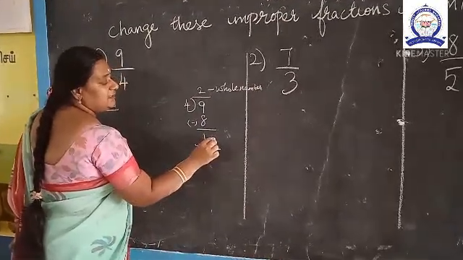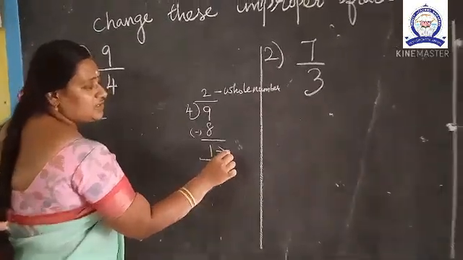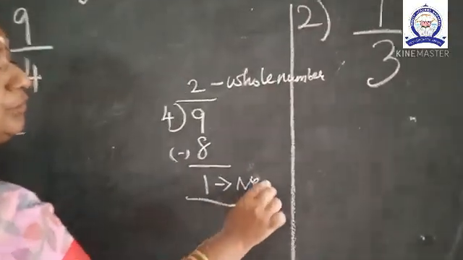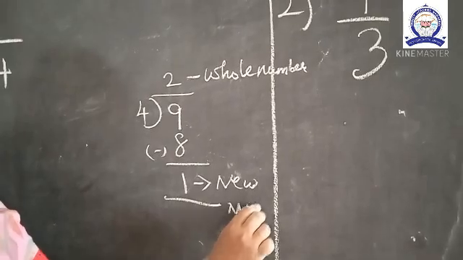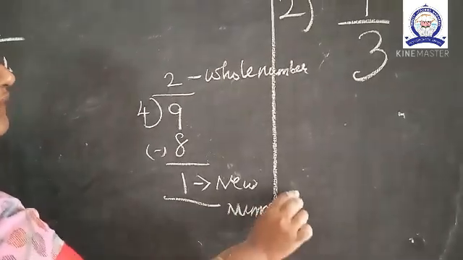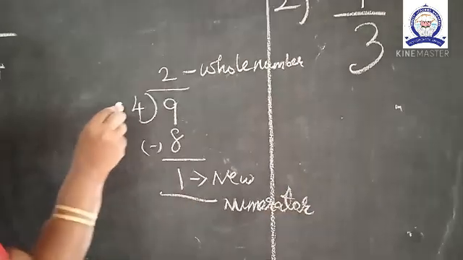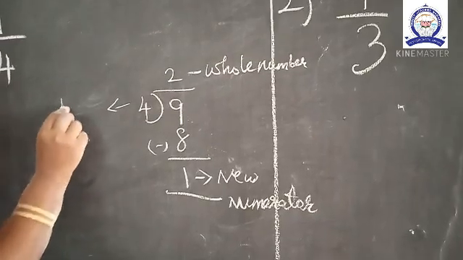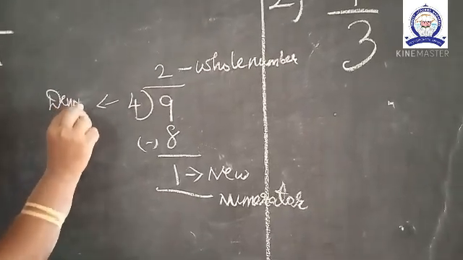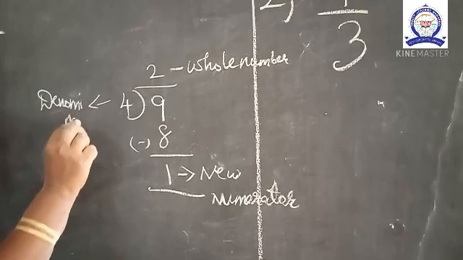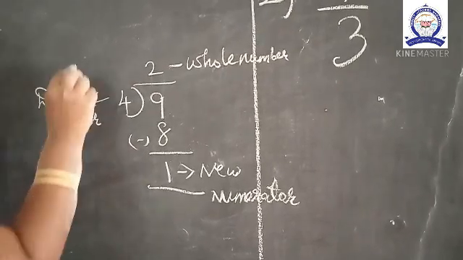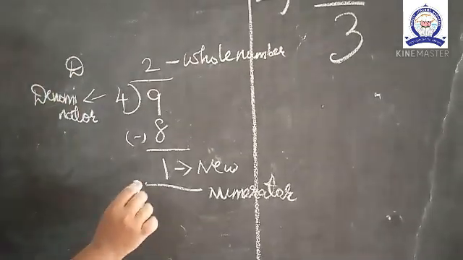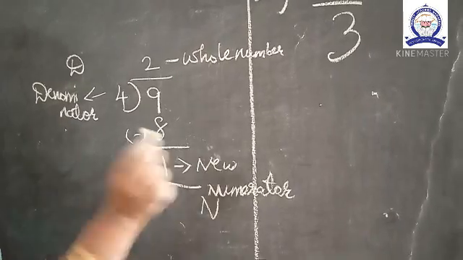Then this remainder is called new numerator. This is the numerator. Then this divisor is called denominator. So denominator is shortly denoted by capital D. Numerator is capital N.